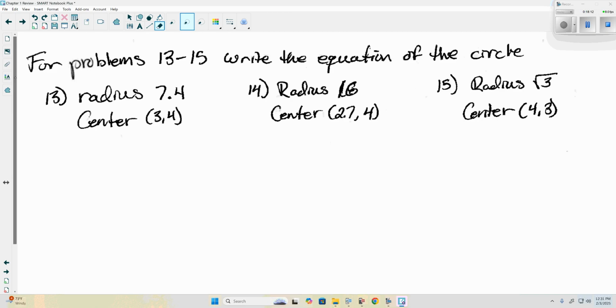Write the equation of a circle. x minus h squared plus y minus k squared equals r squared. The center they gave us is 3, 4. So we'd have x minus 3, because h comma k is our center.